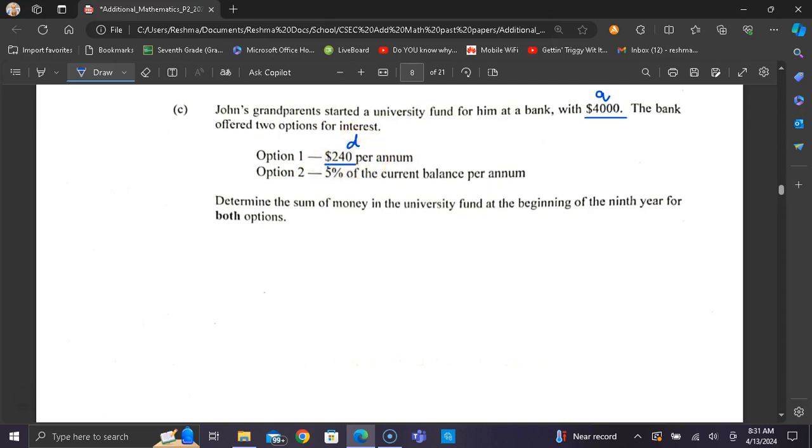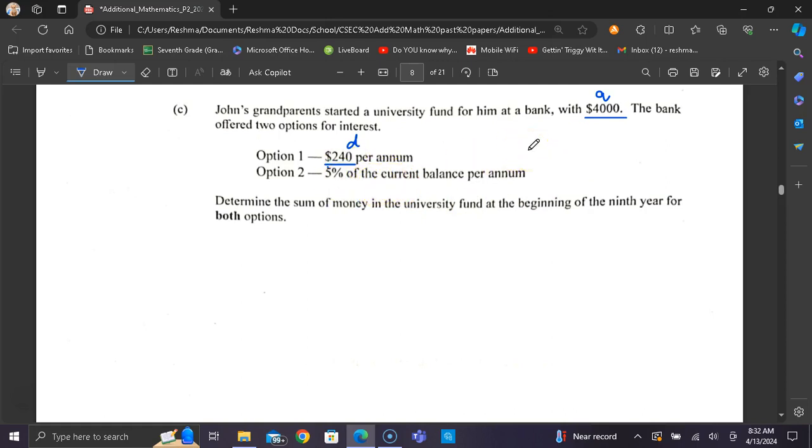So option 2, the interest is increasing by 5% of the current balance per annum. So 5% is the rate at which the interest goes up. Now, if we start off with $4,000, then the amount for the second year will be 105%.